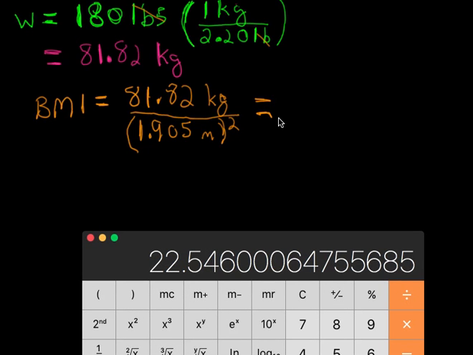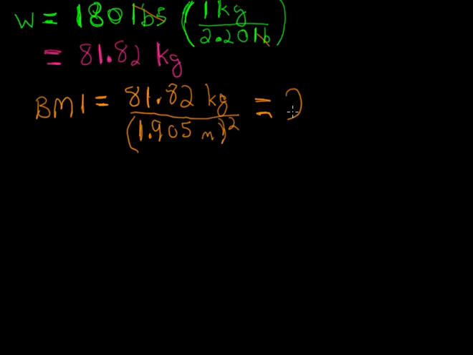Well, I want 3 sig figs, so 1, 2, 3: 22.5. And so this is a BMI of 22.5.